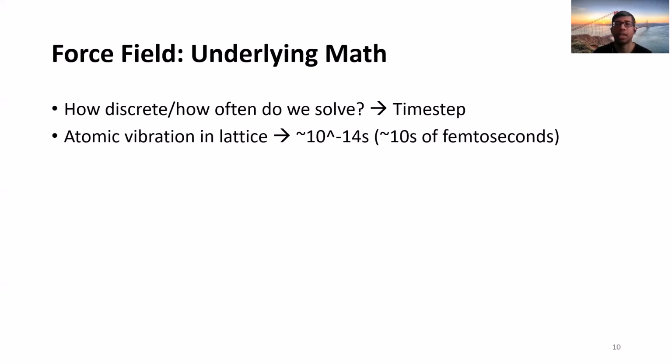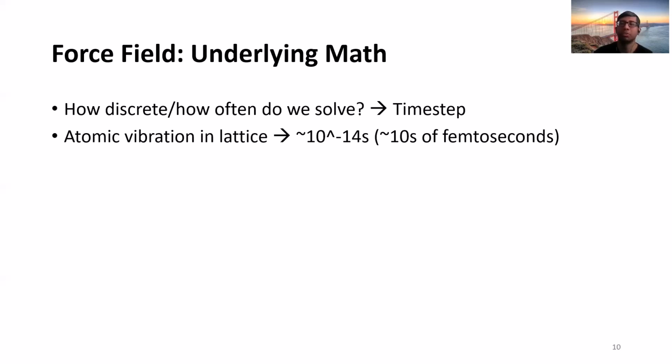How many times, or how fine-tuned, you have to solve the equations related to molecular dynamics? You can see that atomic vibration in a lattice is about 10 to the power minus 14 seconds. That is a few femtoseconds, tens of femtoseconds. That's why if you want to capture the movement or behavior of the atoms, you have to solve for 10 to the power minus 14 or less, that is 10 to the power minus 15.